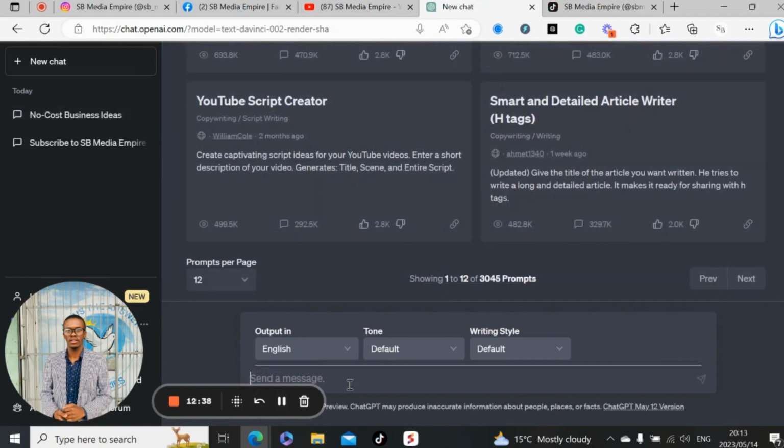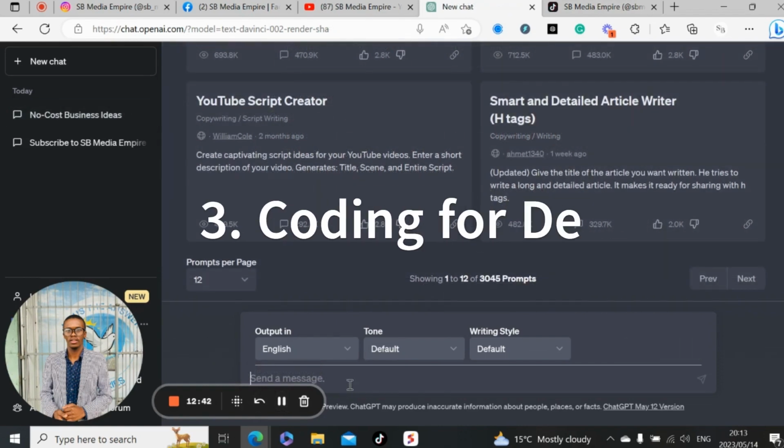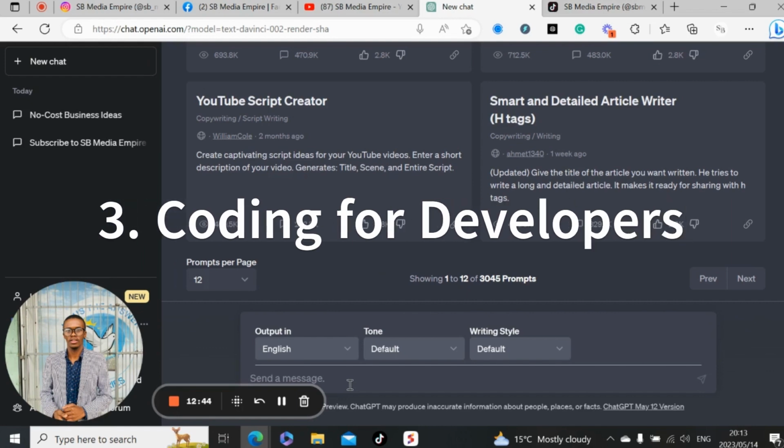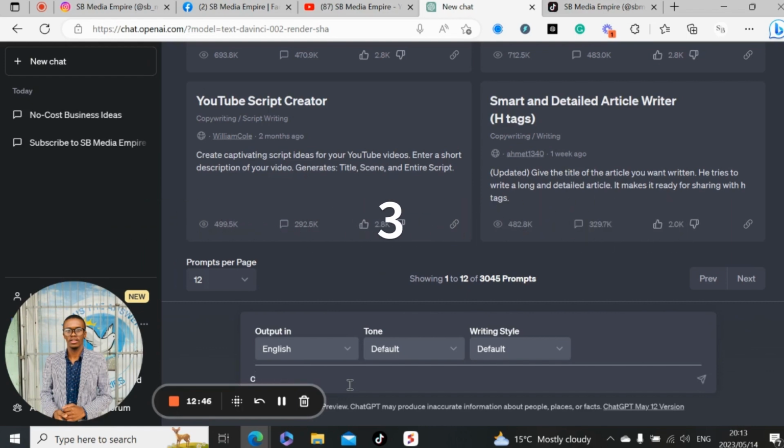Let's get to the third one. The third one is basically for coding. So if you are a person that codes, or a developer, you can ask ChatGPT to create code for you. Let's say you want to create an app.